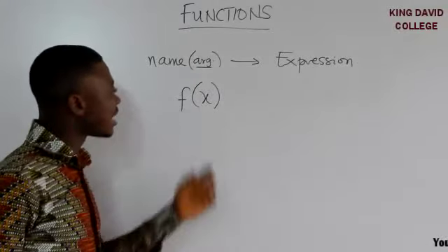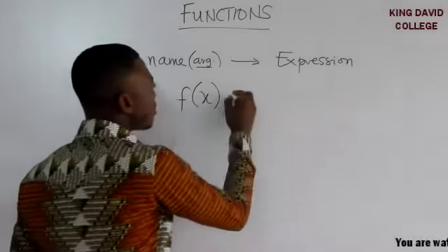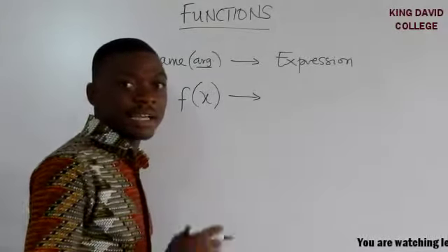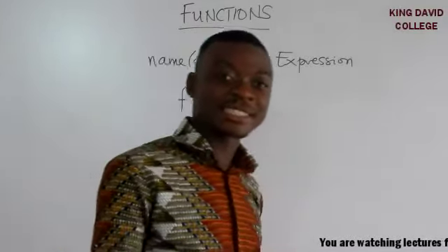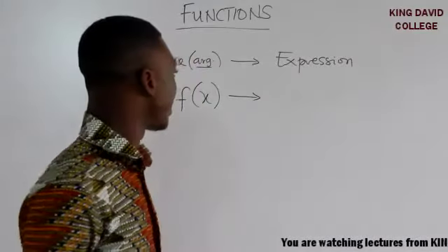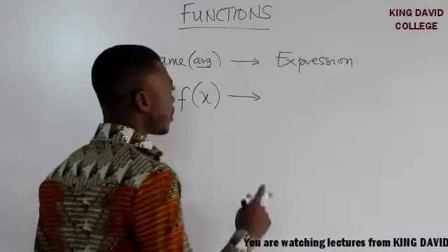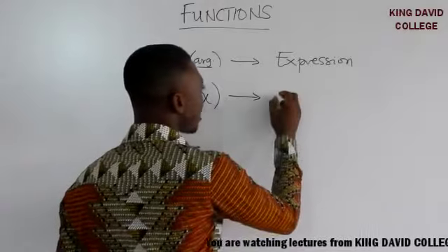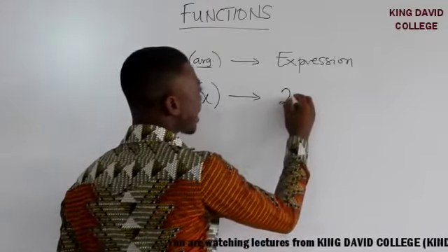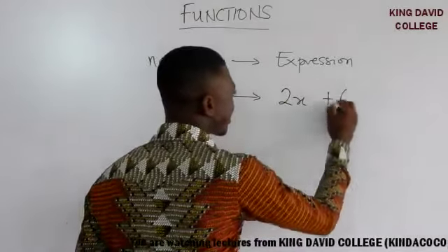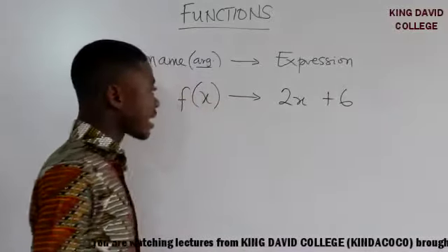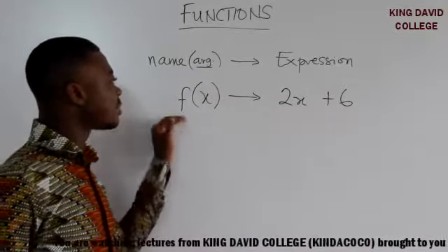So every function that is given to you will be given maybe a particular expression or how it processes the input you give it. So for instance, let's say this function is 2x + 6, okay? 2x + 6. Then this becomes what?